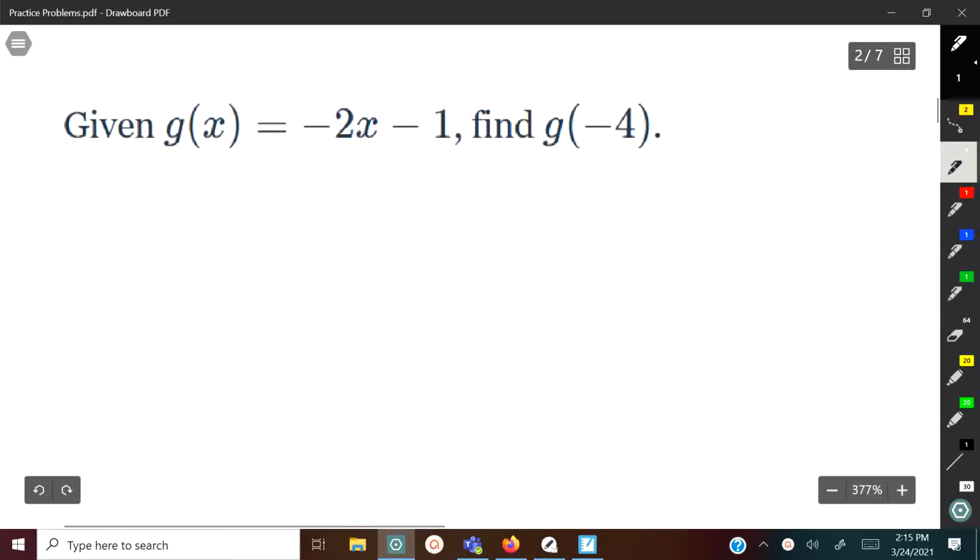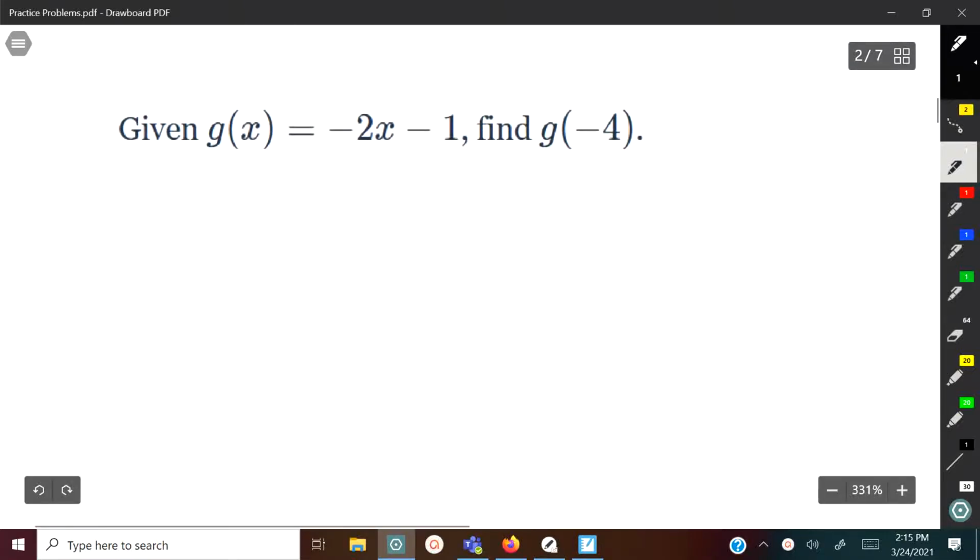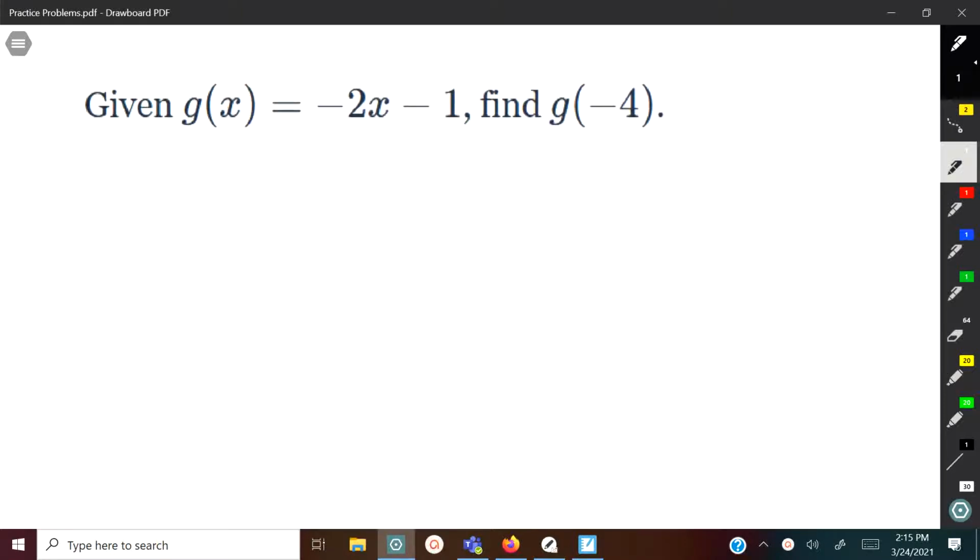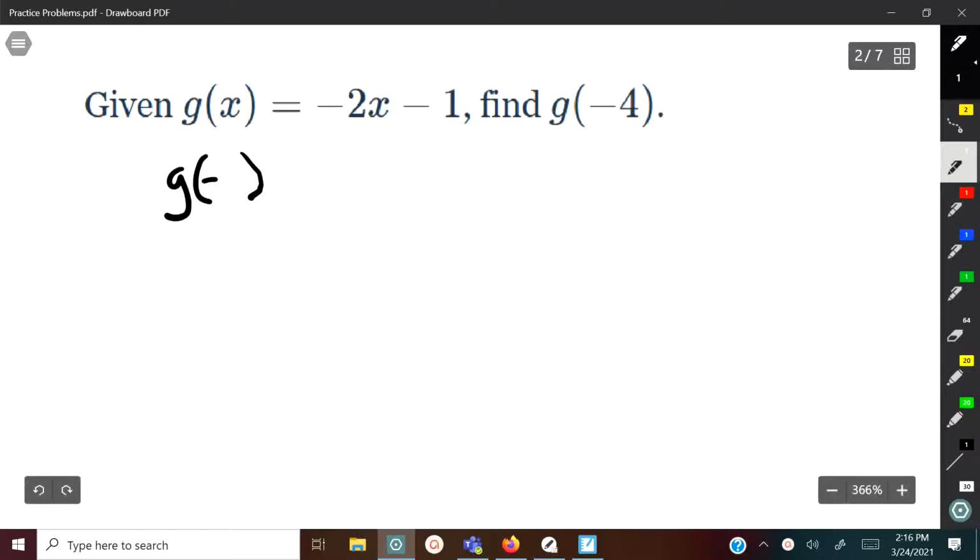So here's our first example. It says given g of x is equal to -2x minus 1, find g of -4. So you see how you have g of -4? We're going to take the -4 and plug it in for x. So I'm going to write that out here. G of x, but I'm going to plug in -4. And everywhere where there's an x, I'm going to put -4.